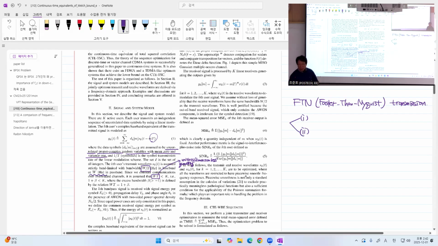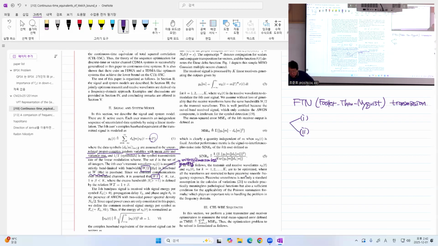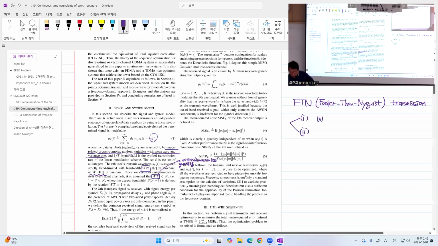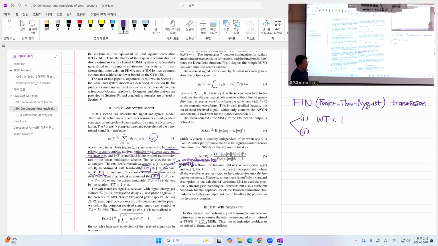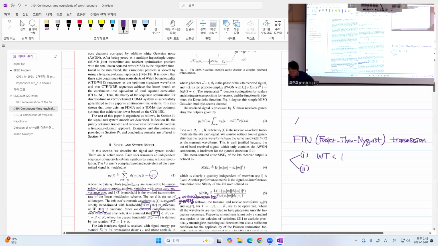And what I define is that the WT product is less than 1. So W is the bandwidth in passband, if you consider passband signaling, and T is the symbol period. And if this product is less than 1, I define the signaling as faster than Nyquist transmission.